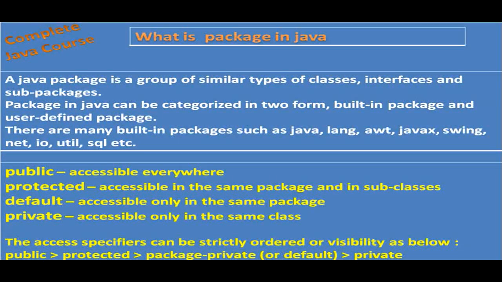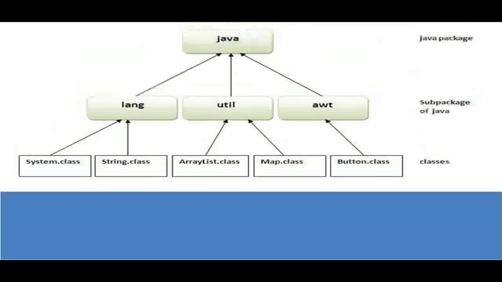Private. Private is accessible only within the same class. So the access specifiers can be strictly ordered by visibility as below: public, then protected, then default, then private. So public accessibility is the highest, then protected, then default, and then private.